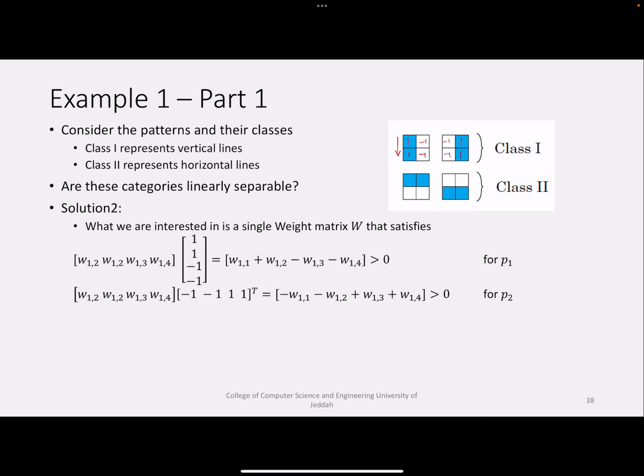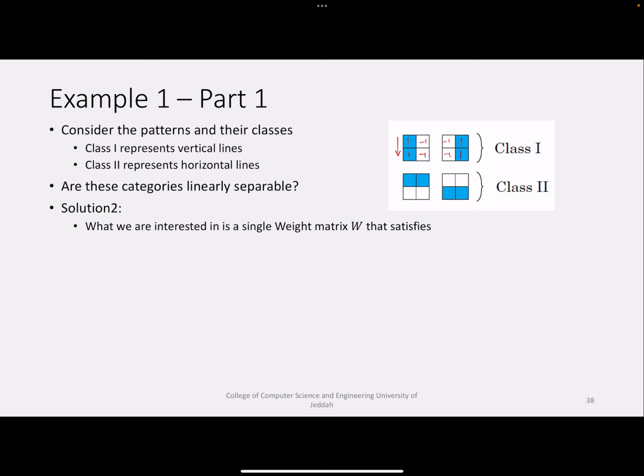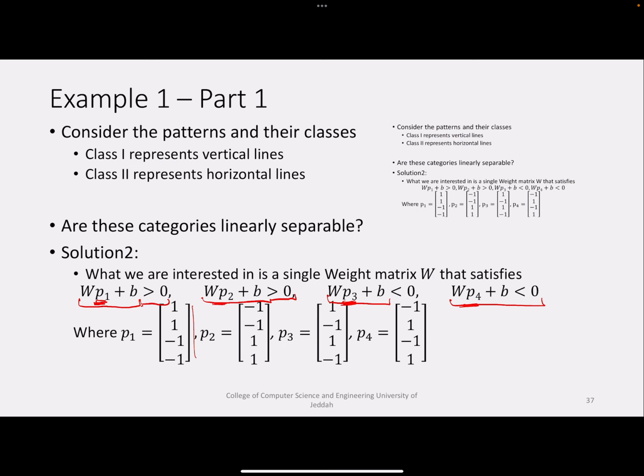So we get these 4 patterns if we read these images that way: 1, 1, minus 1, minus 1 for P1, minus 1, minus 1, 1, 1 for P2, and for P3, 1, minus 1, 1, minus 1, and for P4, minus 1, plus 1, minus 1, plus 1.